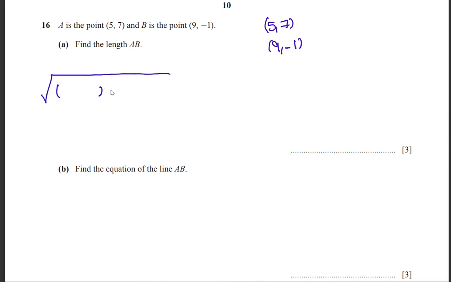Put brackets like this, power 2: y2 minus y1 plus x2 minus x1. So y2 minus y1, and here x2 minus x1. Okay, so you can do it with the calculator. It will give you 8.94.